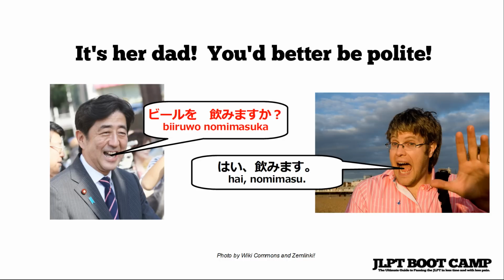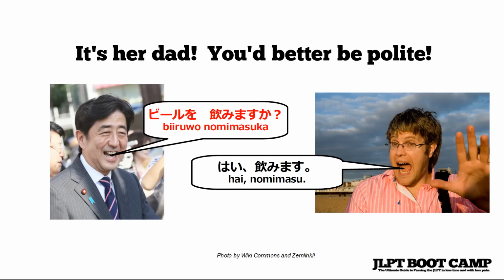And you will probably not hear it on the test, but when you're out and about, that's the question marker that most people will use in a casual situation. Whereas ka goes along with this mas form to form questions. Basically, they're both question markers. They carry the same meaning, but ka is used in kind of formal situations, whereas no is used more in casual situations.